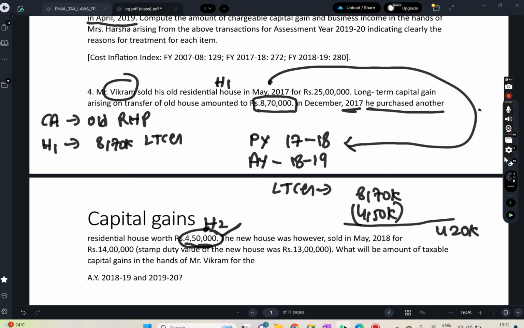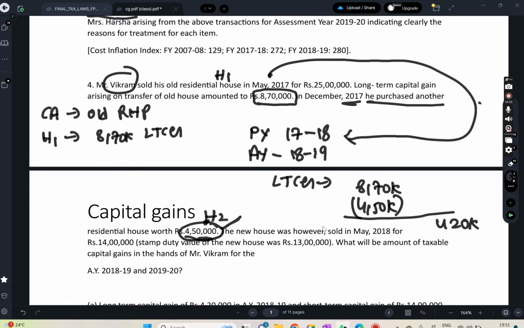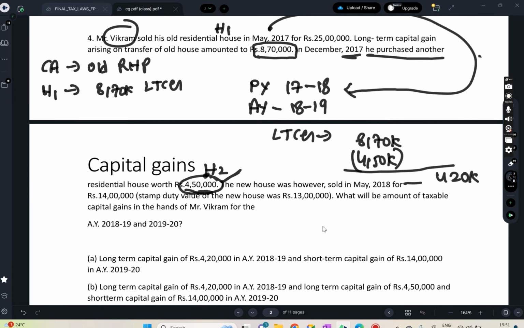Then the new house was sold in May 2018 for 14 lakhs. In which year have I sold it? May 2018, that means it comes under 18-19 as the previous year, and the assessment year will be 19-20. Am I violating Section 54?